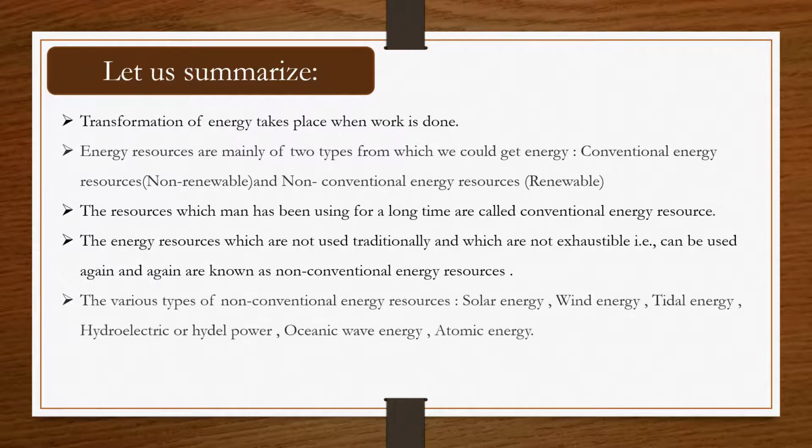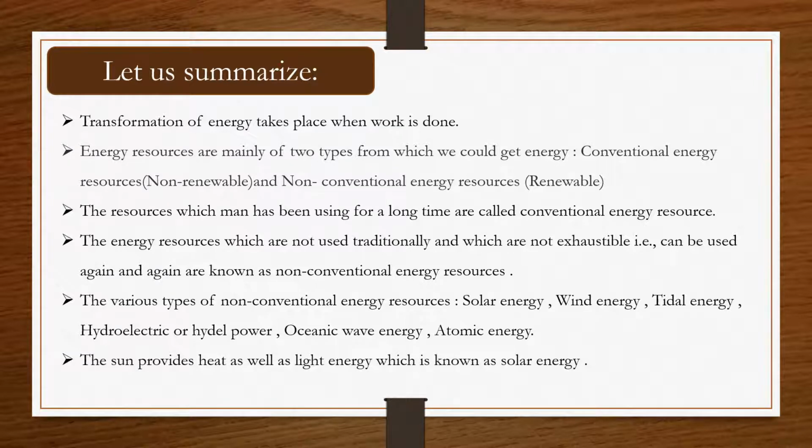The various types of non-conventional energy resources are solar energy, wind energy, tidal energy, hydroelectric or hydropower, oceanic wave energy and atomic energy. And the sun provides heat as well as light energy, which is known as solar energy.